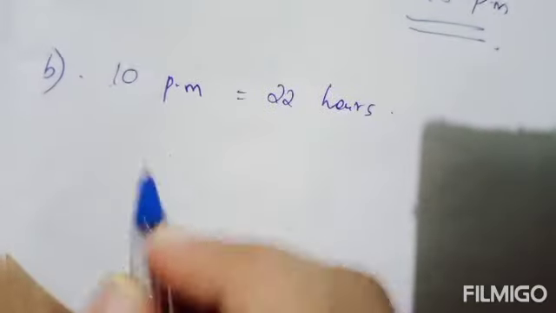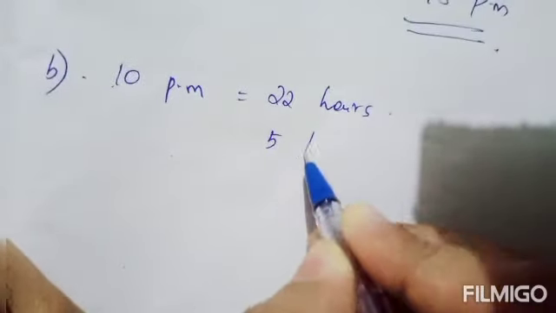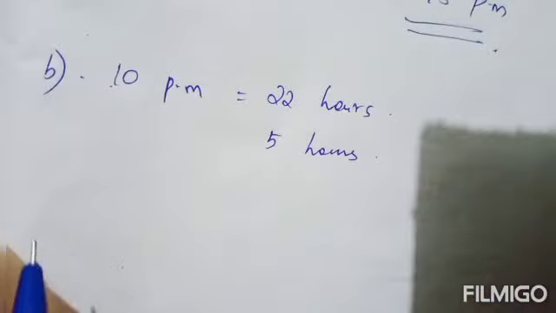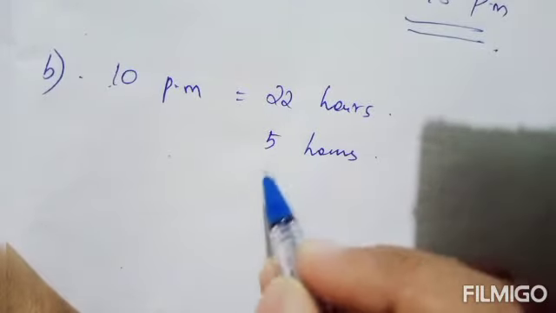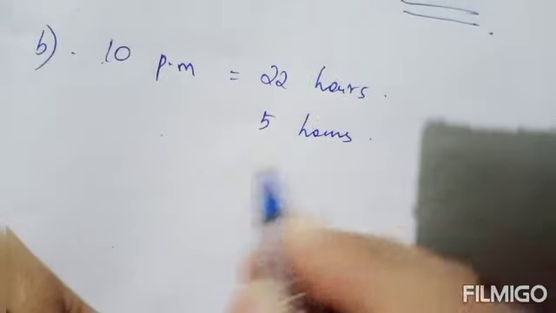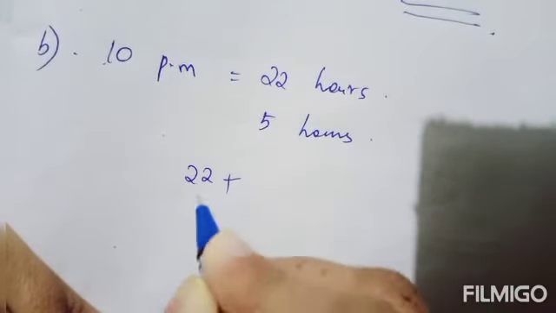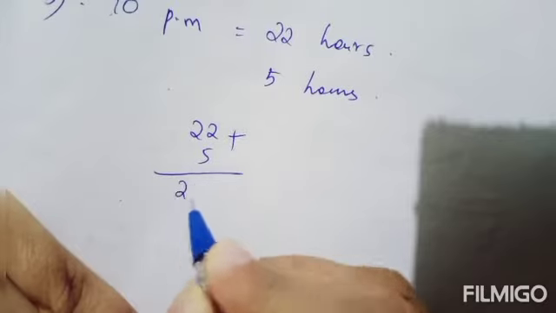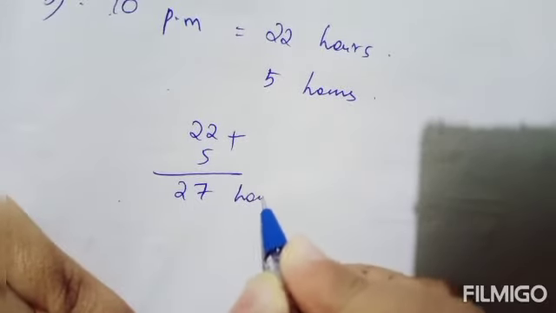Now 5 hours after 22 hours you have to find, so just add these two times. 22 hours plus 5 hours, you will get 27 hours.